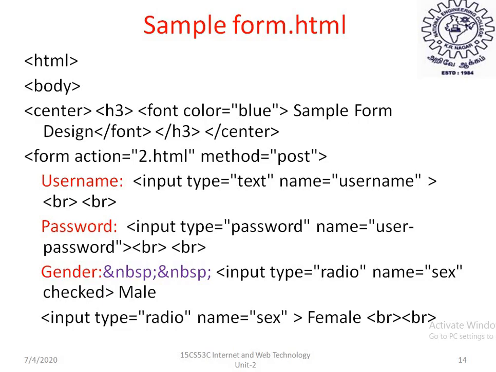If you are not giving a BR tag, the form will not get aligned. The username and password would come in a single line. For that purpose we are using the BR tag, that is a line break tag. And &nbsp; is used to create space for the elements in order to display them in a formatted fashion.